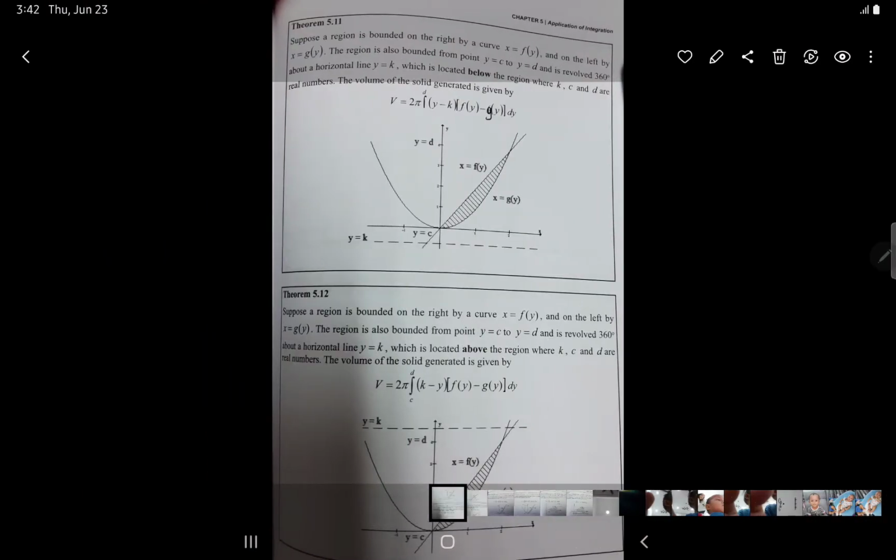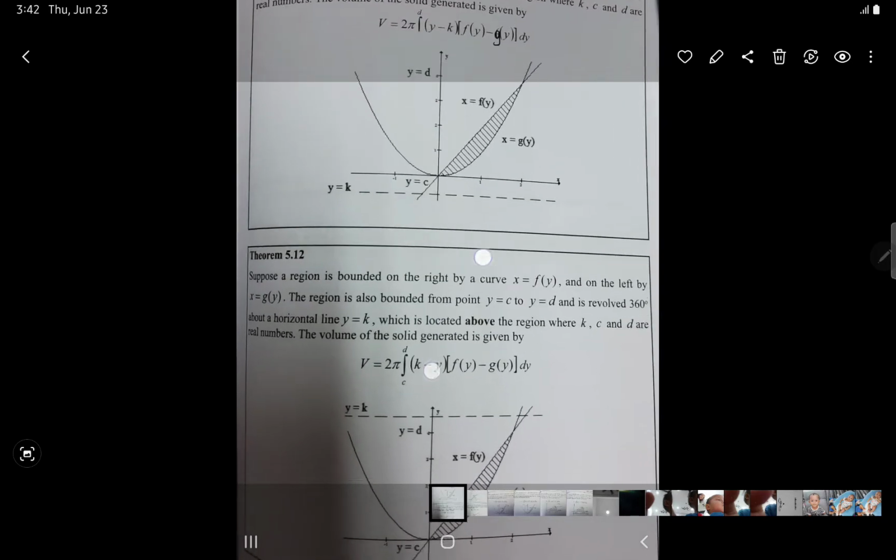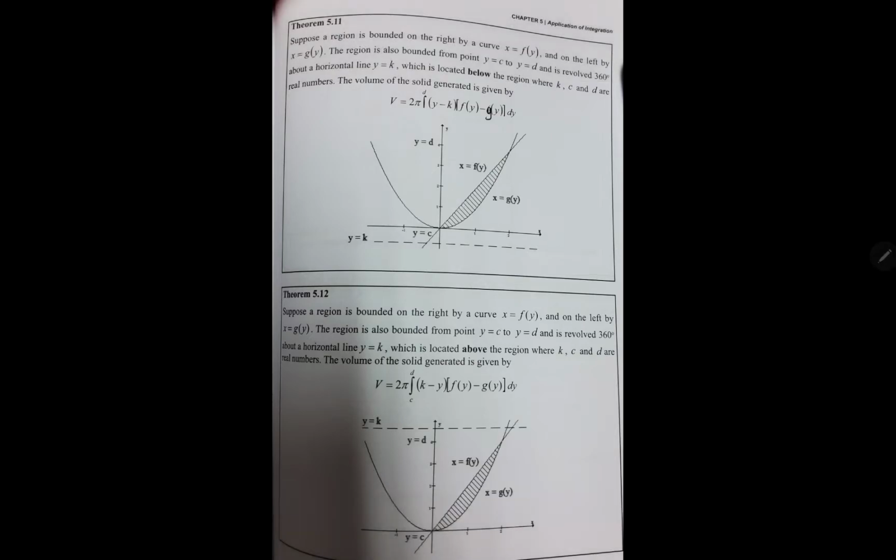Theorems 5.11 and 5.12 are the formulas that integrate by dy. We can use theorem 5.11 if our axis of revolution is horizontal.